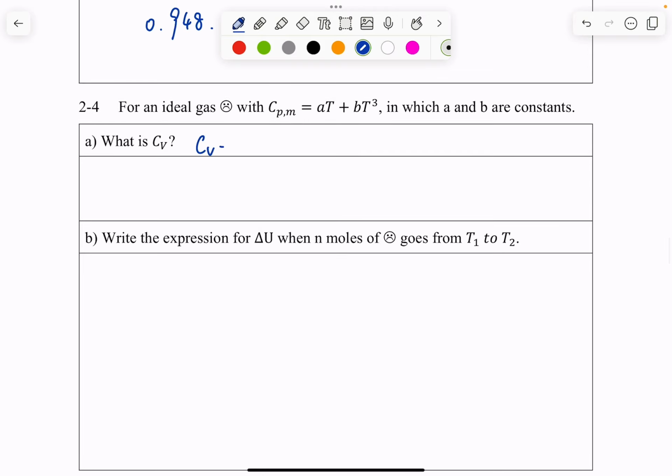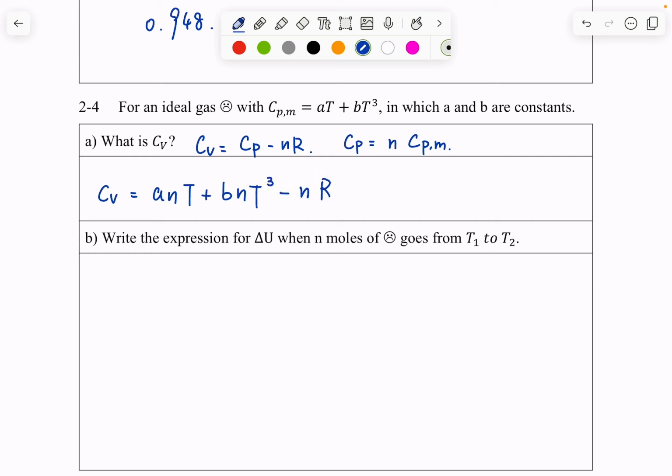We know that Cv equals Cp minus nR, and Cp equals n times Cpm. So we can write our Cv expression as AnT plus BnT cubed minus nR.